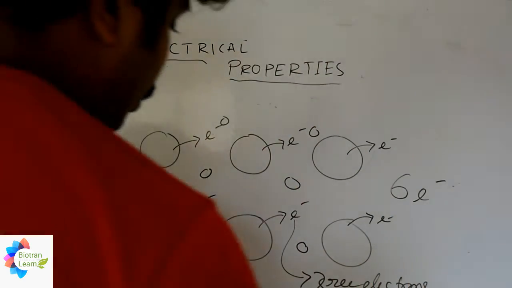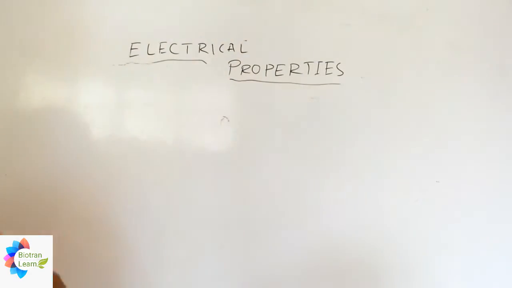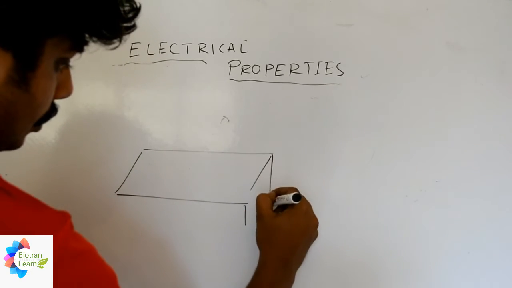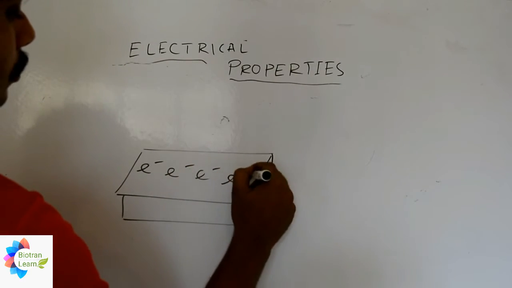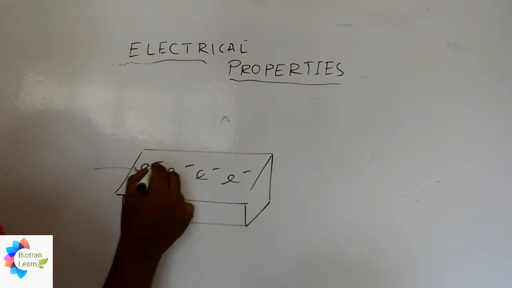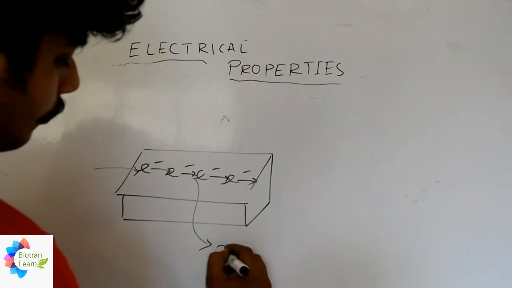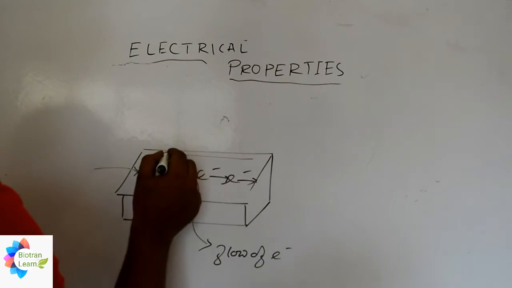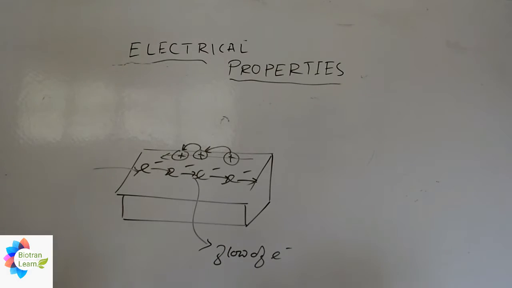What happens afterwards? Suppose this is a solid, right? The free electrons will come to the surface and will flow in a particular direction. So this is the flow of free electrons, and in the opposite direction the vacant positive positions will run.